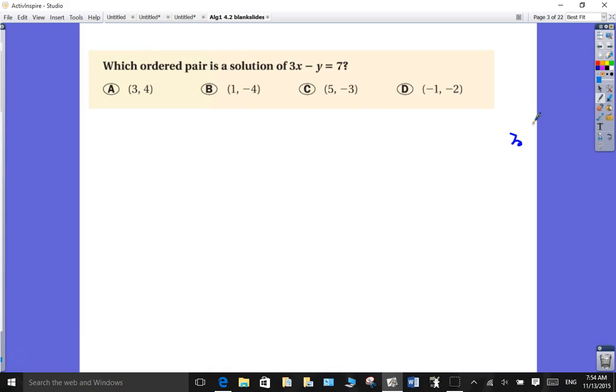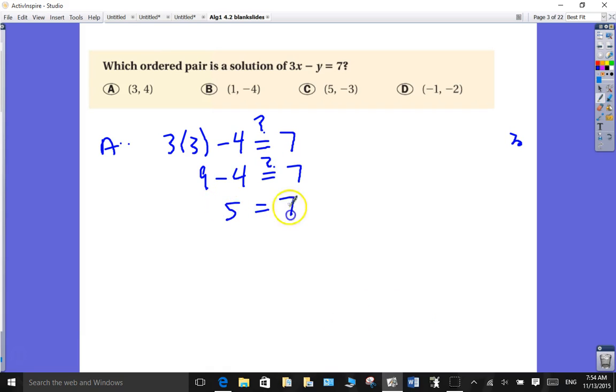All right, so for A, we have to plug in: 3 times 3 minus 4 equals 7, question mark, right? We don't know that. 9 minus 4 equals 7, question mark. 5 equals 7.